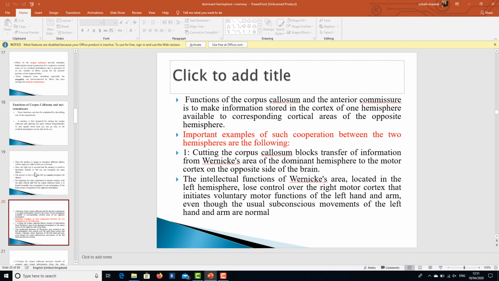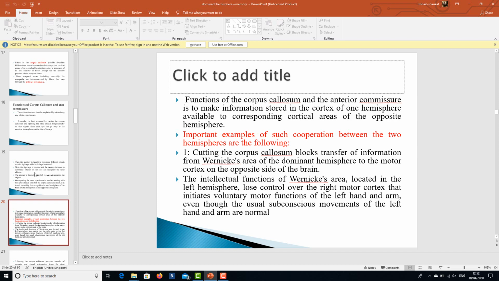The function of the corpus callosum and the anterior commissure is to make information stored in the cortex of one hemisphere available to corresponding cortical areas of the opposite hemisphere. Important examples of such cooperation between the two hemispheres are the following.